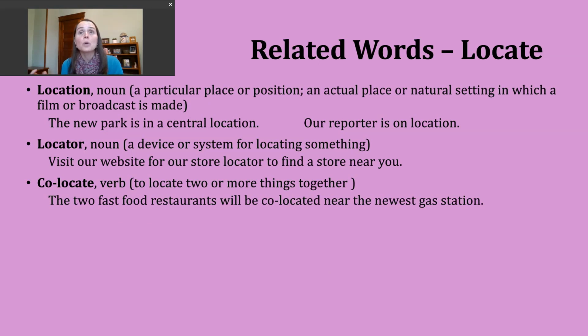And so to co-locate means to have two or more things situated together or based at the same place. An example of how you might hear this used: the two fast food restaurants will be co-located near the newest gas station. Okay. So again, we've got another passive voice sentence there.